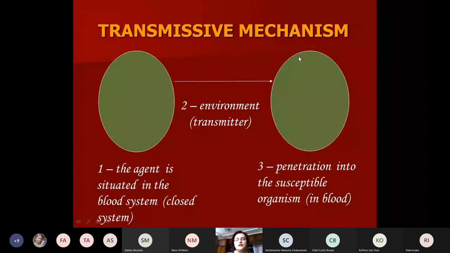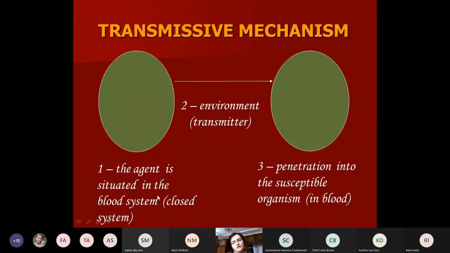Here you can see the epidemiological moments of the transmissive mechanism, or vector-borne mechanism in other words, but I want you to remember also the possible names and acts of this process. I hope you remember from the beginning of epidemiology the epidemiological process. First is the source of infection.